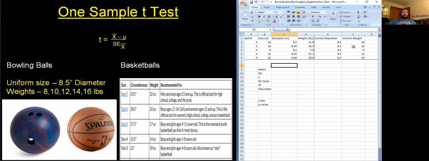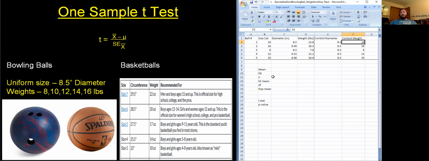We know what all bowling balls in this size category, what their weight standard was out of the factory, if you will. So we're going to use that as our population mean. Since we have 1 of each, we can just use the total mean of those as our mu. And then we have to divide that by the standard error of the mean, which we took a look at last time.